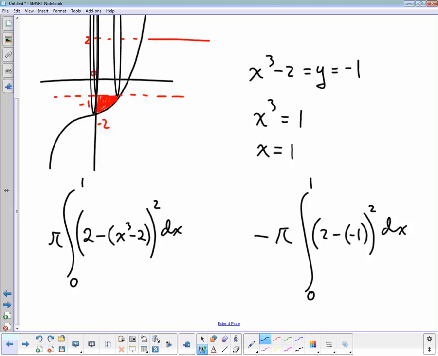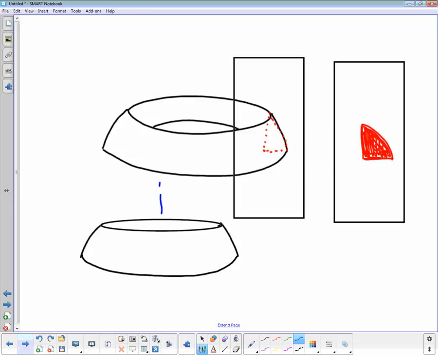And if we think about that, we can verify that with common sense, because the inner disk, that hole that I'm punching out, has a radius of 3. Think about it. My axis of y equals 2 is right there. That's what I'm spinning around. And the farthest point of the inner disk is at y equals -1.